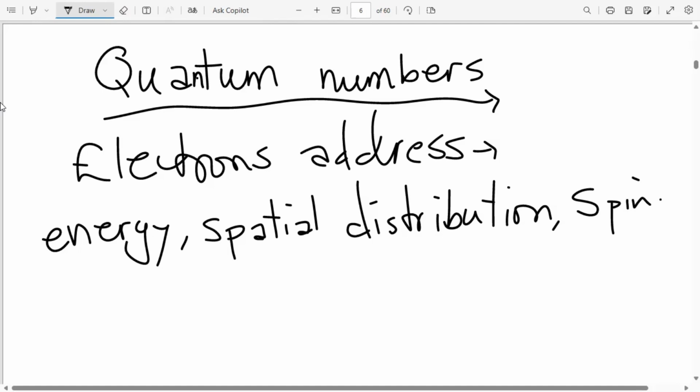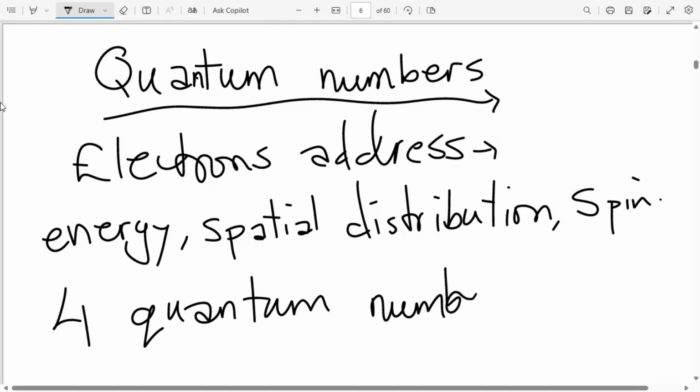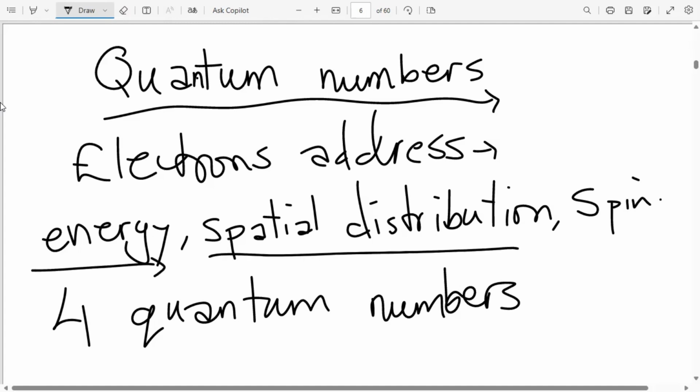So primarily we have four quantum numbers, and these are what we're going to discuss. We have four quantum numbers in total that help us describe the actual position of an electron in an atom by helping us identify these three things that I've talked about.